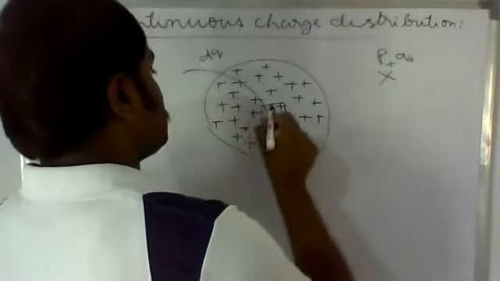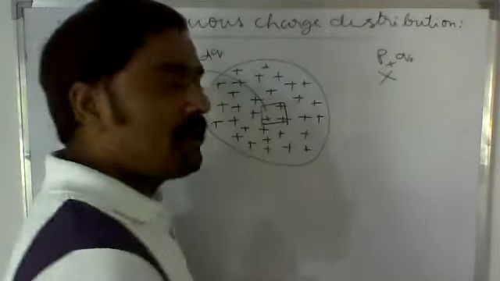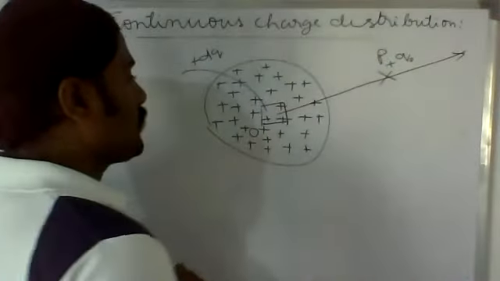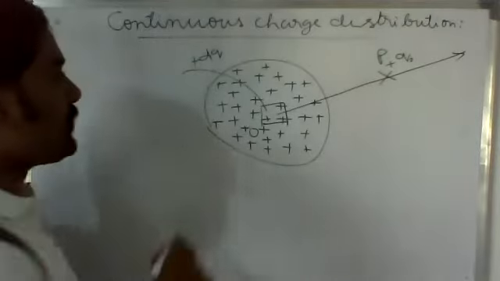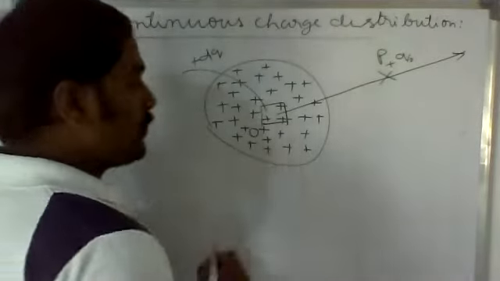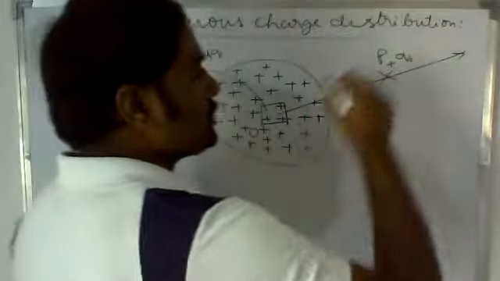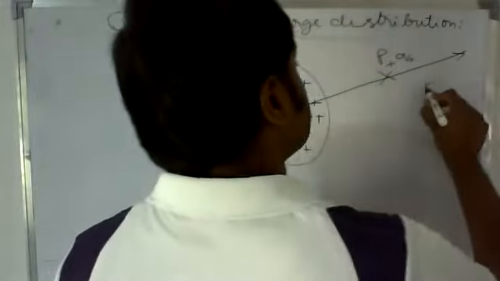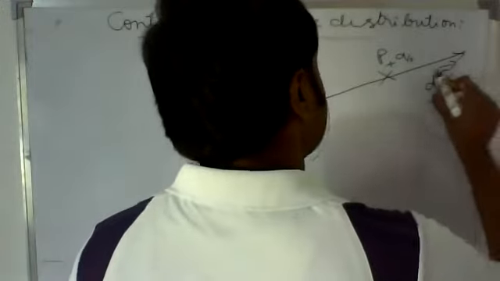Due to this small charge plus dq, plus Q naught will experience a repulsive force. So O is the location of plus dq. Due to plus dq, plus Q naught will experience the repulsive force, so that is dF vector.